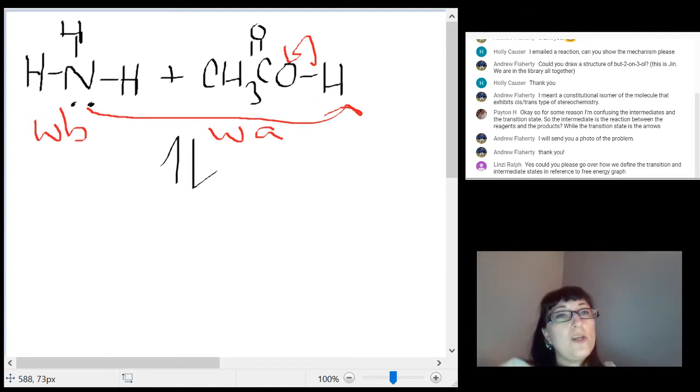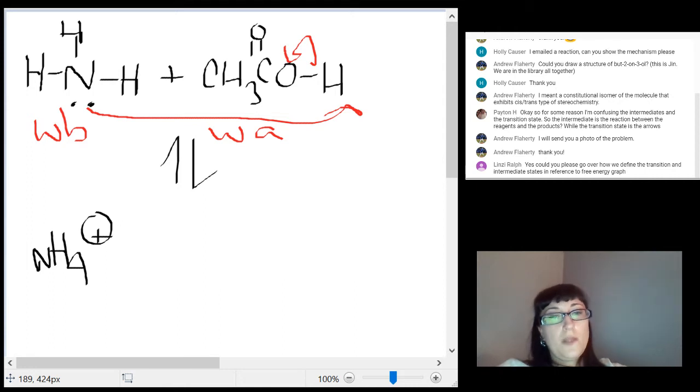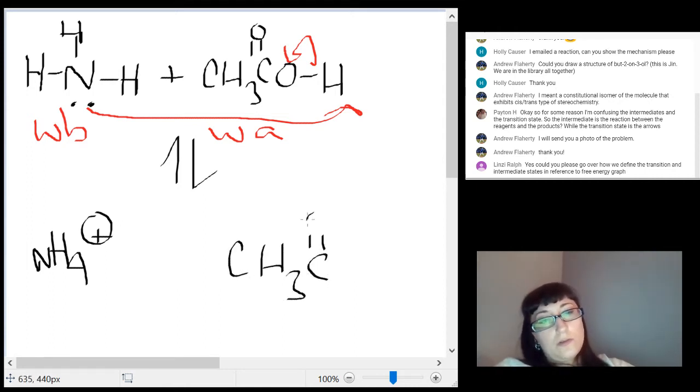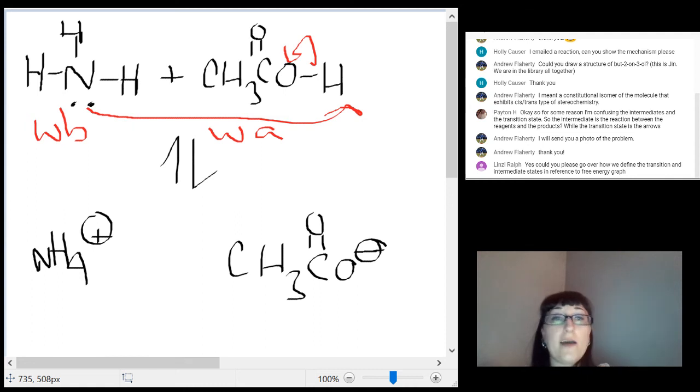So we know what that product looks like. We would end up with NH4+ and CH3COO-. Now this is a one-step reaction, meaning there's no intermediate.